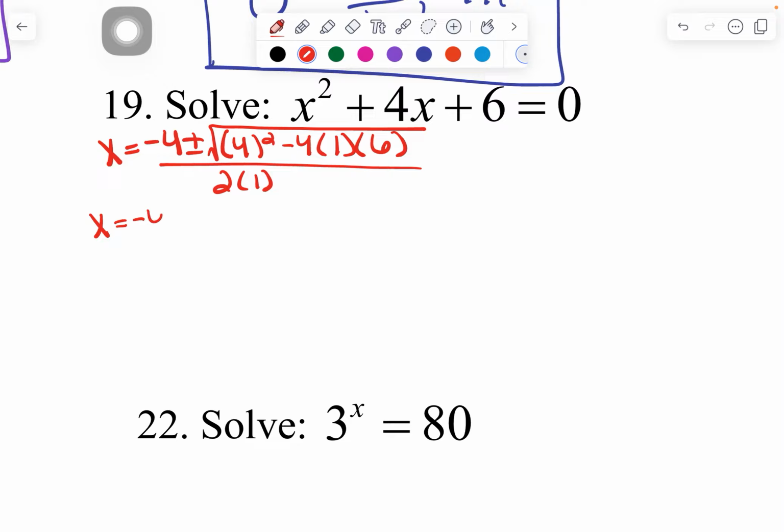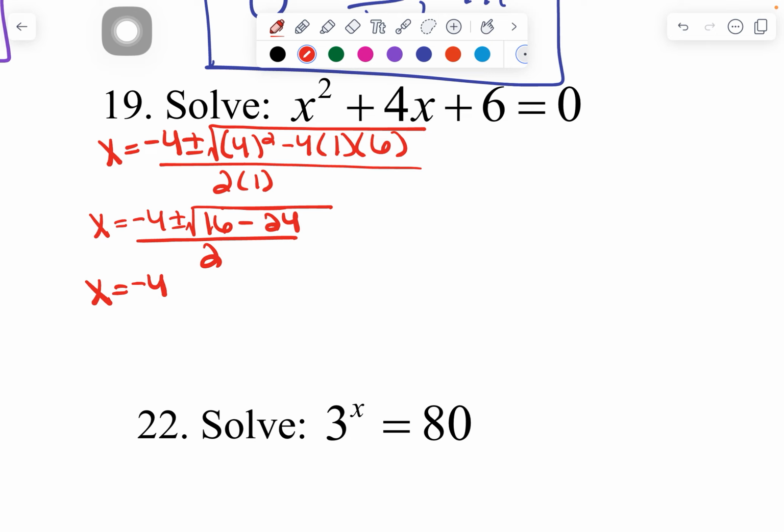So negative 4 plus or minus the square root. I'll do it in parts. 4 squared is 16, minus 4 times 1 times 6, which is 24, all over 2 times 1, which is 2.